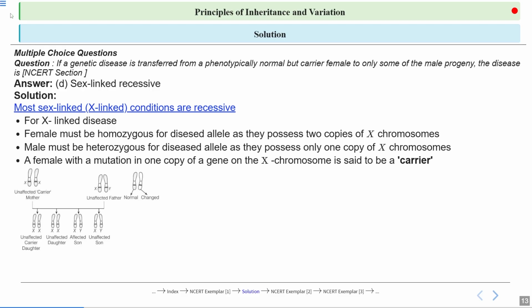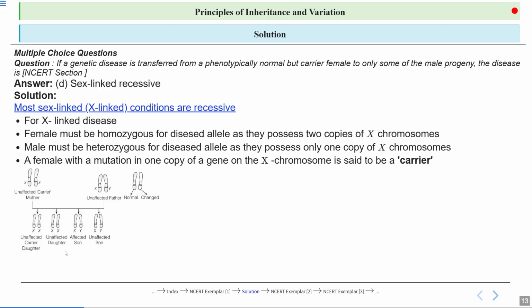Okay, so you can see here, this is an unaffected carrier mother. This is being crossed with an unaffected father. Clear? Then you can see that in the progeny, all these combinations will be formed. The male will transfer the Y chromosome to the sons, and the male can transfer the X chromosome to the daughters. Now this carrier mother can transfer what?